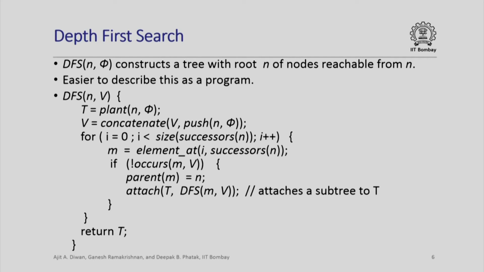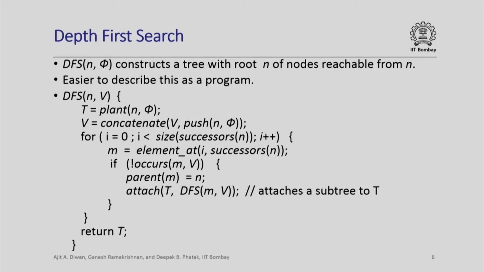Here DFS n comma phi constructs a tree with root n of nodes that are reachable from n. So, instead of returning just a sequence of nodes, now DFS n phi is actually returning a rooted tree with n as the node, and it will essentially return a tree of all the nodes that are reachable from node n in the graph.